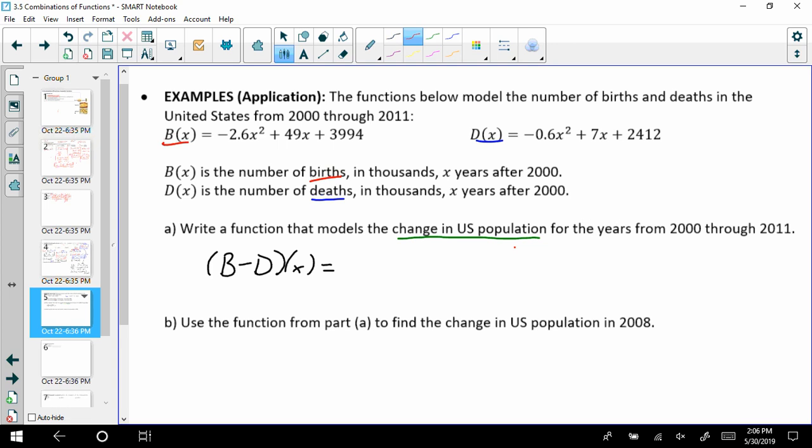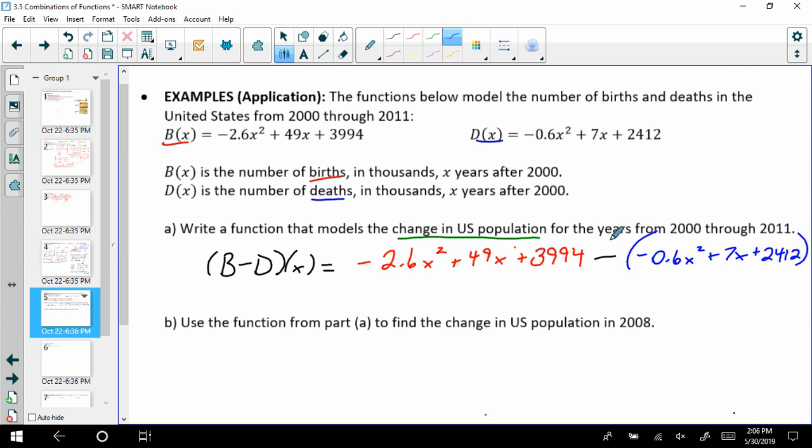So I'm going to take the birth function and I'm going to subtract the death function. But make sure it's in parentheses because we have to make sure this subtraction applies through to everything.